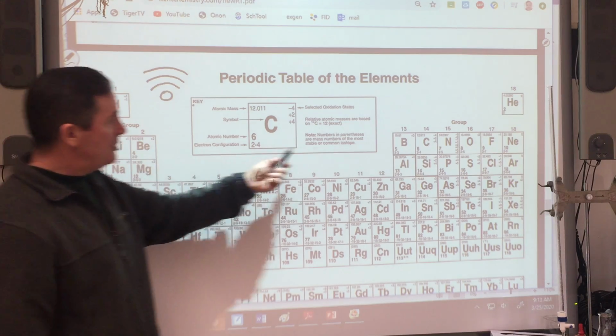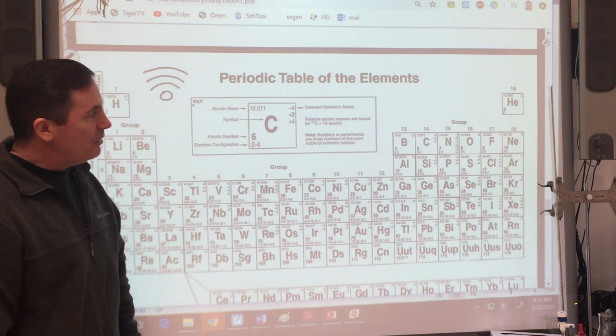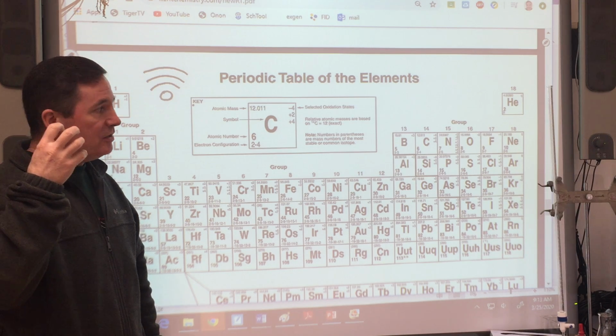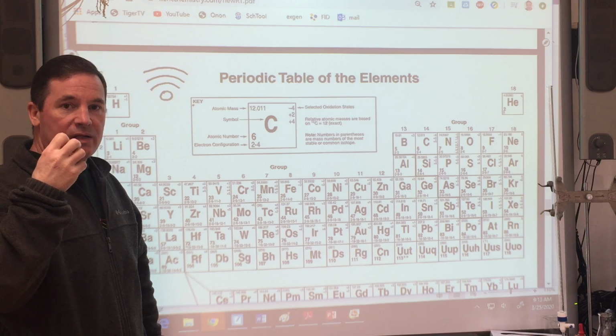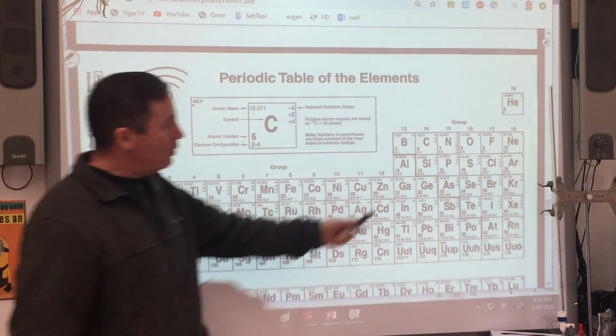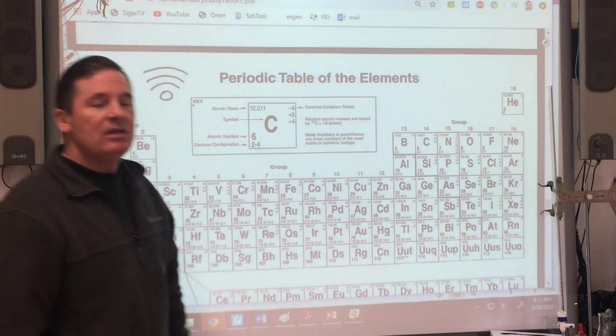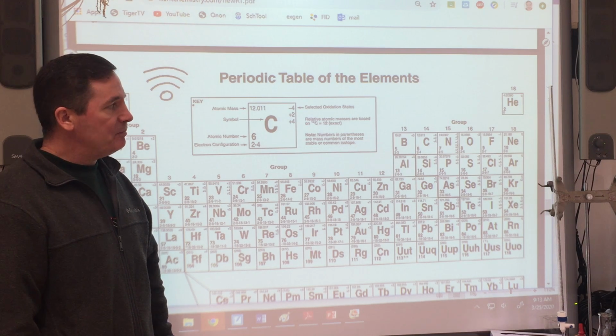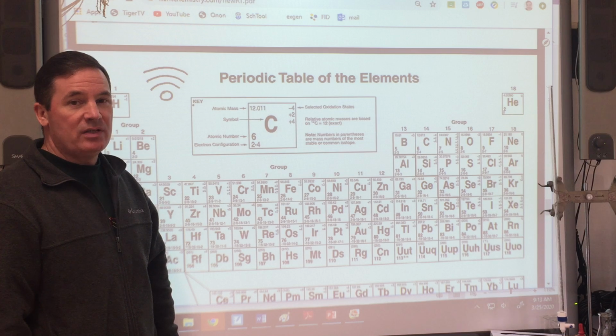So as we go from left to right, the number of protons goes up, but the atom actually gets smaller because it is pulling on those electrons even more. So fluorine has the highest electronegativity. It really wants electrons from other atoms. It also has the highest ionization energy.